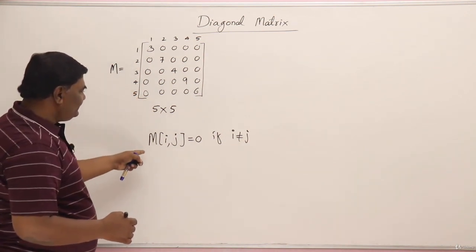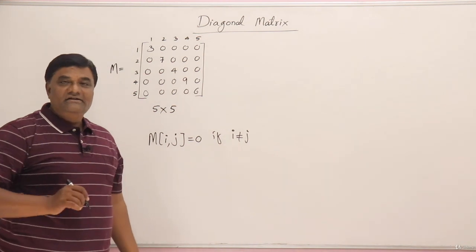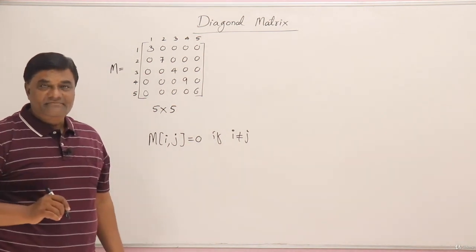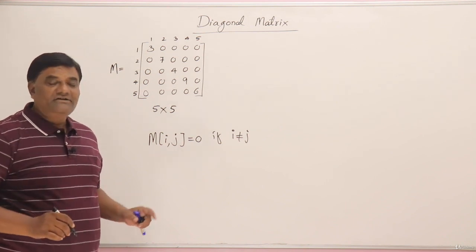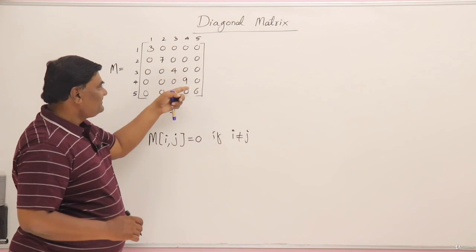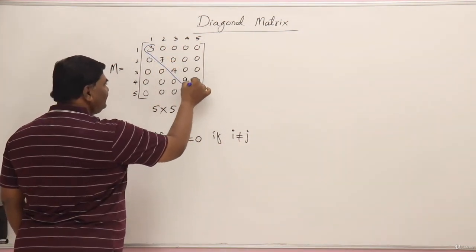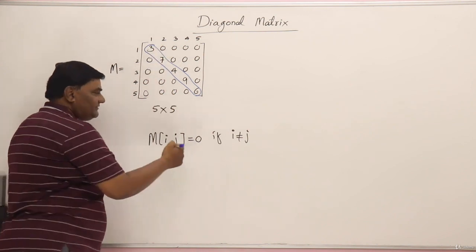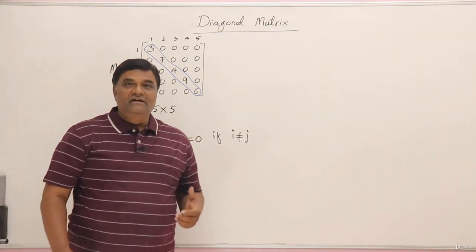M of ij should be 0 if i is not equal to j, then it is a diagonal matrix. If they are equal, then the elements may be 0 or non-zero. We don't bother about that. We bother about the rest of the elements. All these elements must be 0 and these elements are 0. So these elements are non-zero elements, rest of the elements are zeros. So I have given a definition of a diagonal matrix.